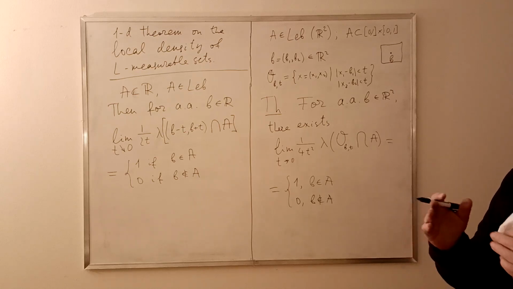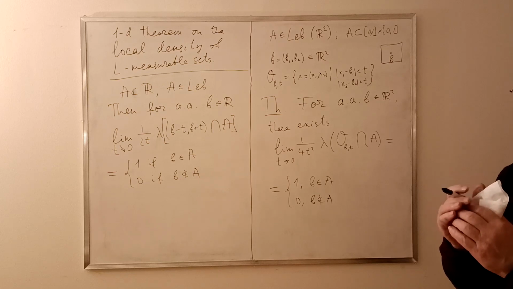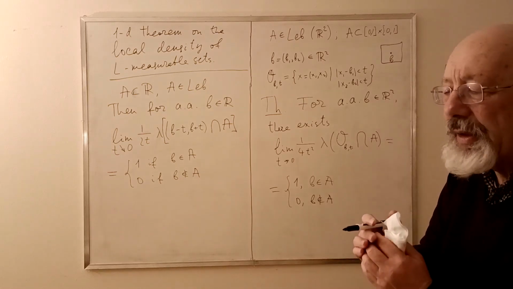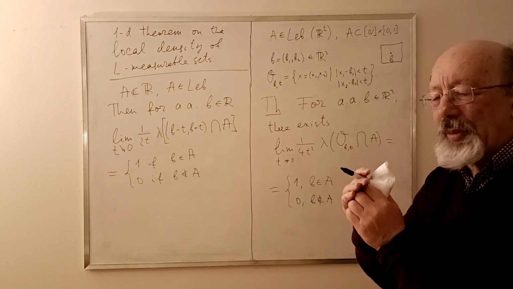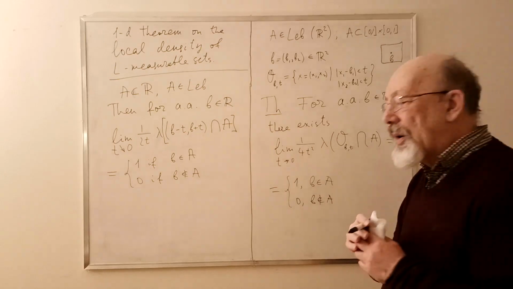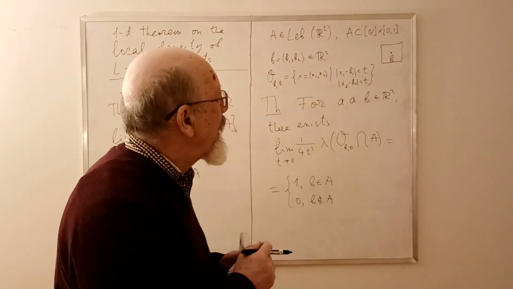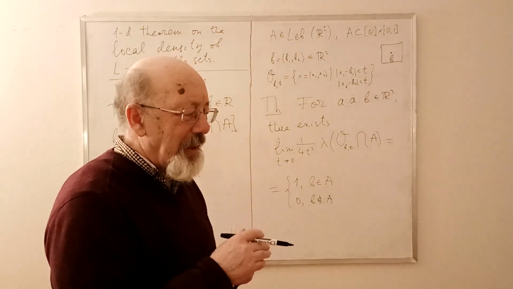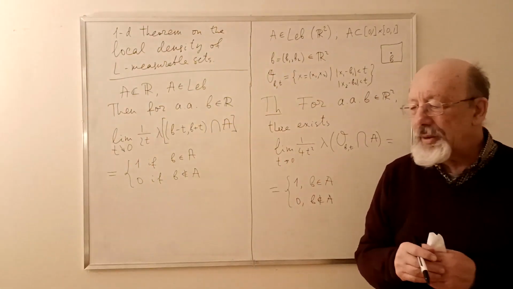So any measurable set is dense near almost every point of it, in the sense that if you take smaller and smaller neighborhoods, in this case square neighborhoods of this point, then the percentage of the area occupied by the set goes to 1, to 100%.